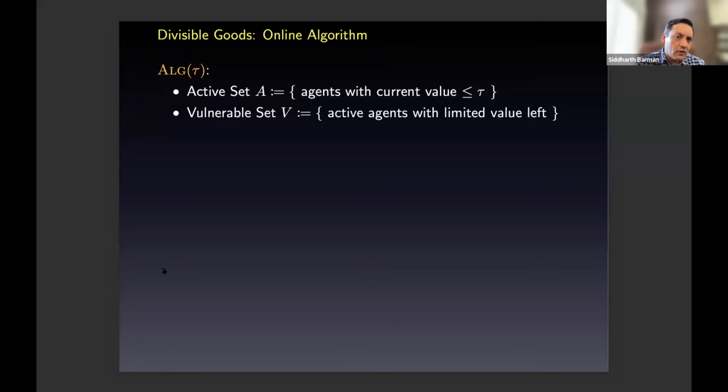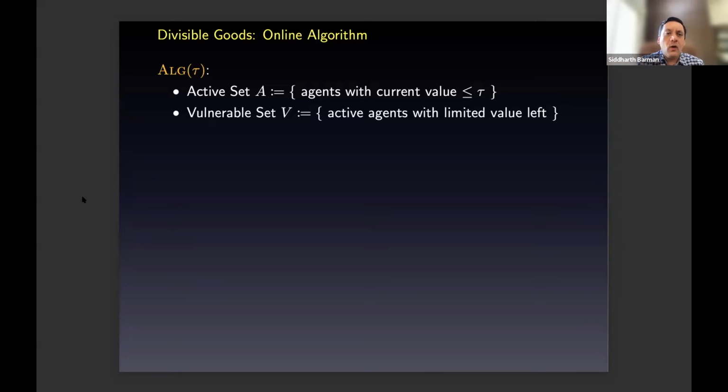The subsequent good comes, it again fractionally assigns it among the agents, and so on and so forth. As these fractional assignments are happening, the values acquired by the agents keep on increasing, so that the sum of x_ig v_ig, summed over all the goods that have been assigned so far, keeps on going. So you look at this threshold tau and maintain those agents that have yet to acquire a value of tau.